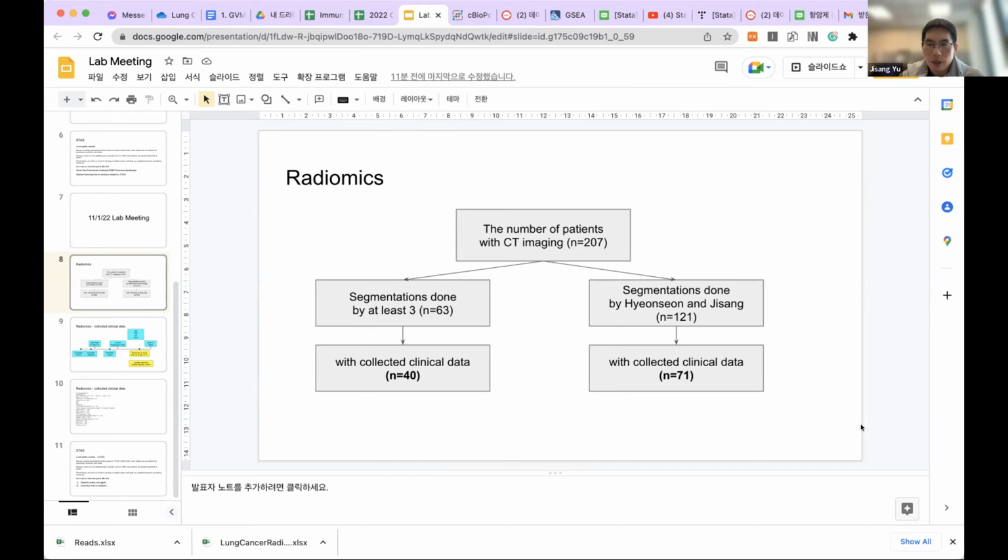I'm not sure what you think. If you really think at least 3 persons segmentation will be needed, then it'll be 40. But if it's possible to use this data, then it'll be 71. Yeah, I think he said we can do at least 2. So it should be okay.